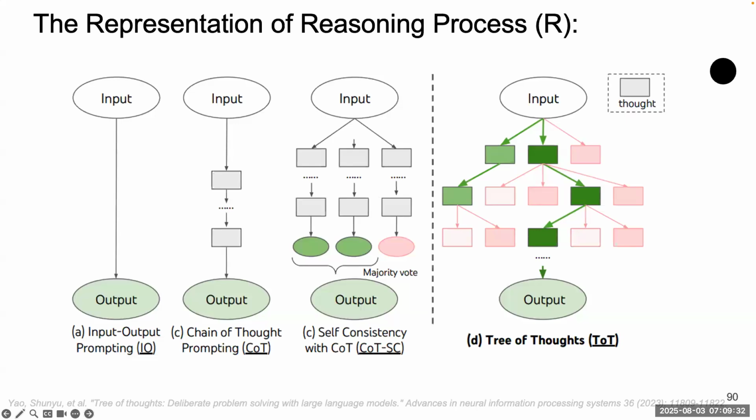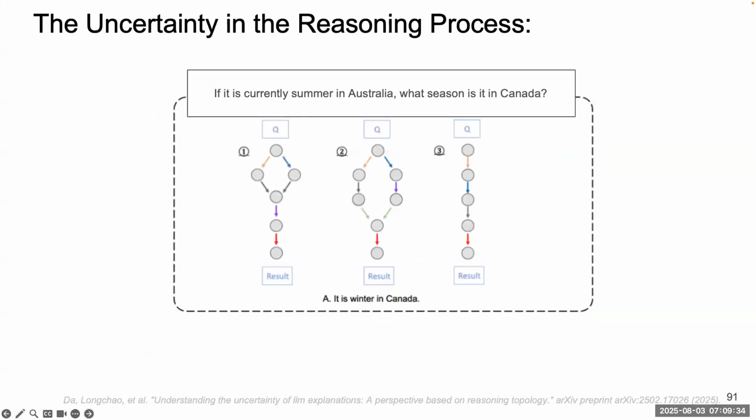So let's take a look at a very specific example here. Basically, that shows the uncertainty in the reasoning process. Say I'm asking the question, if it is currently summer in Australia, what season is it in Canada? If you ask this question to a language model, here I think they're using GPT-4, and they're asking it to generate the reasoning steps.